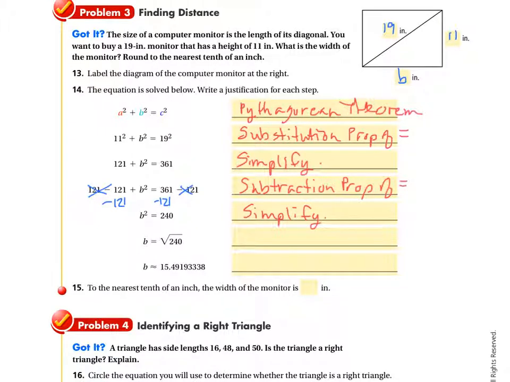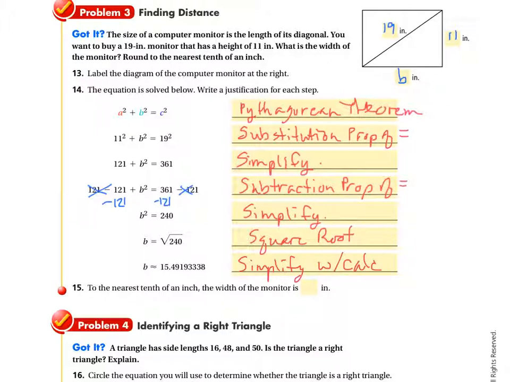Square root. And then what do you think they did from here to here? They simplified it where they used a calculator. So you might want to put simplify with a calculator.